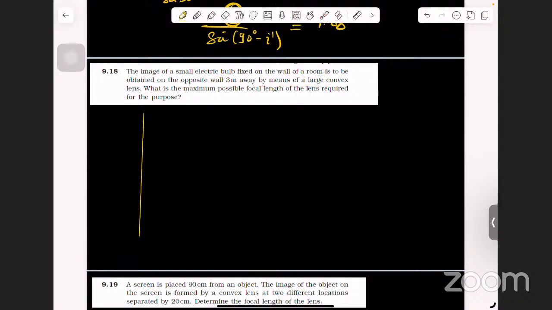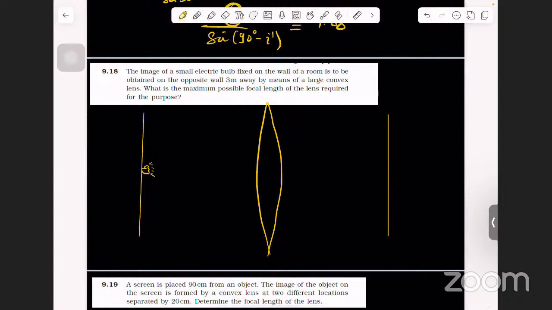I have a wall over here, and I have a convex lens over here, a large convex lens. Here I have a bulb, and I have to obtain the image over here. What is the maximum possible focal length of the lens required for the purpose, it's asking?